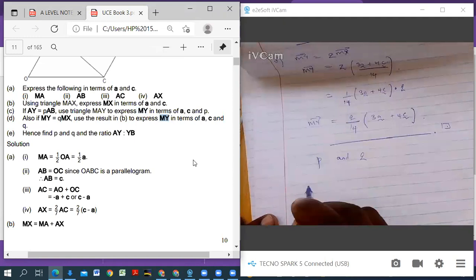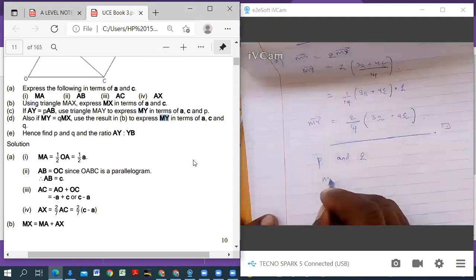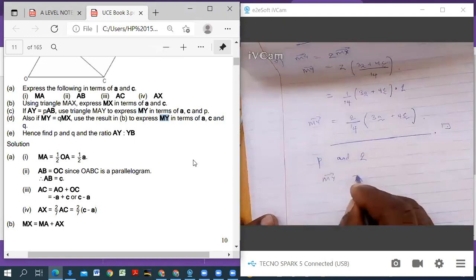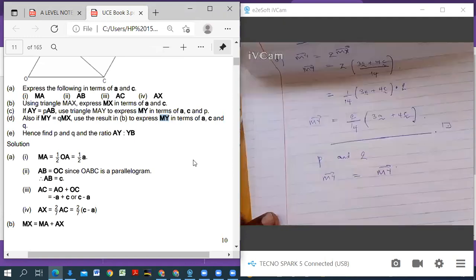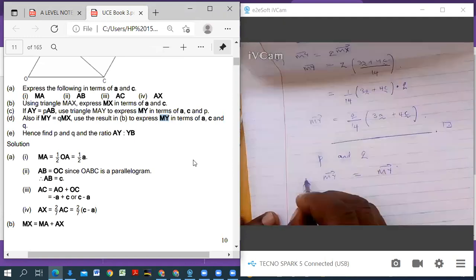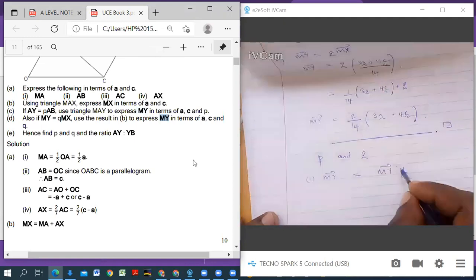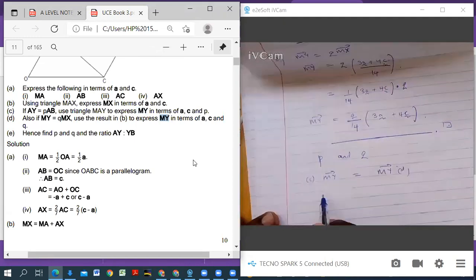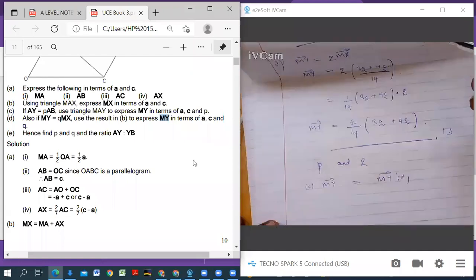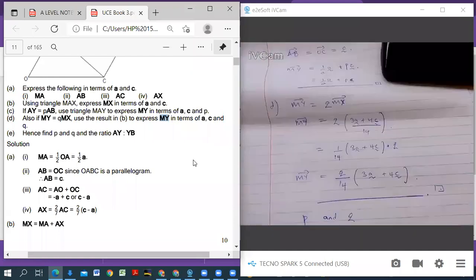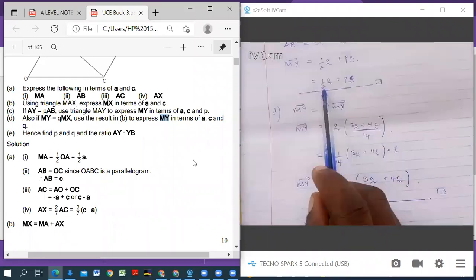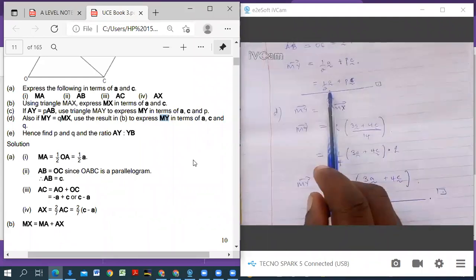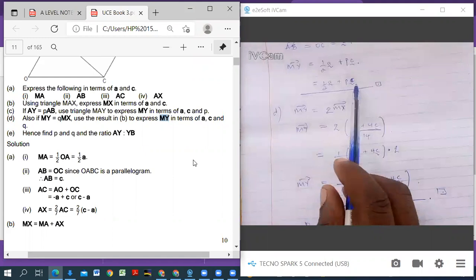The MY of part C we equate to the MY of part D. What was the MY of part C? It was 1/2A plus PC.